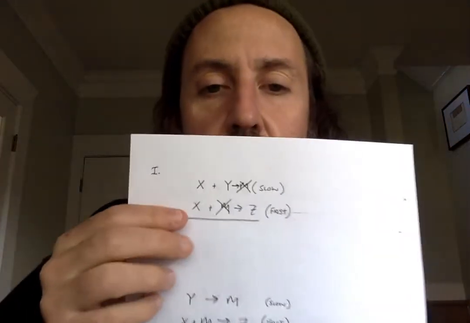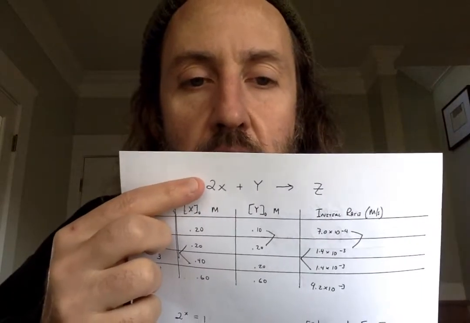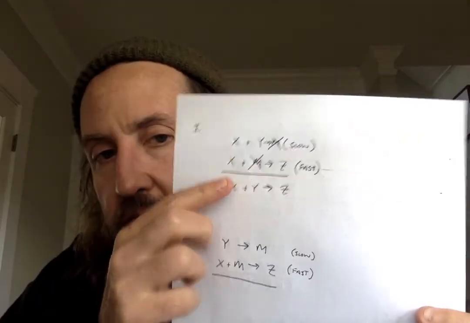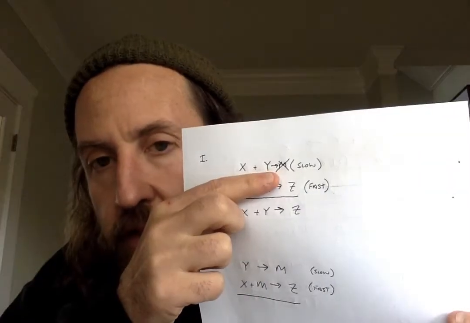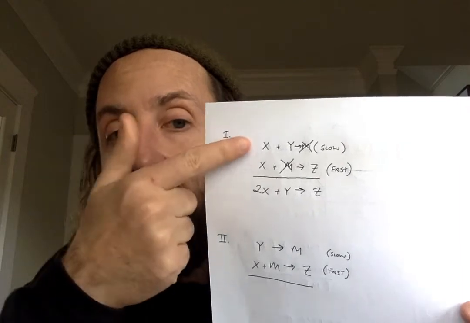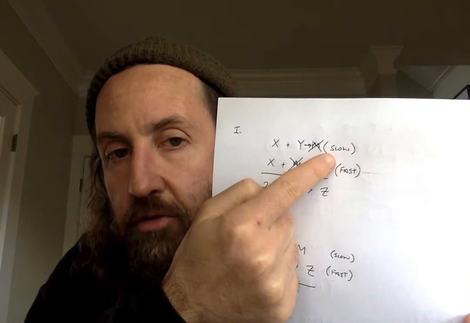Okay, and then when you add these two steps, it should give you the original equation, 2x plus y yields z. So let's do that. So I got an x in the first step, x in the second step. That's cool. Plus y yields z. Okay, so this one passes the first test. Now let's look at the predicted rate. So anything that's a reactant gets to be in the rate law. Now here, this is slow, and you always pick the predicted rate law from the slow step.